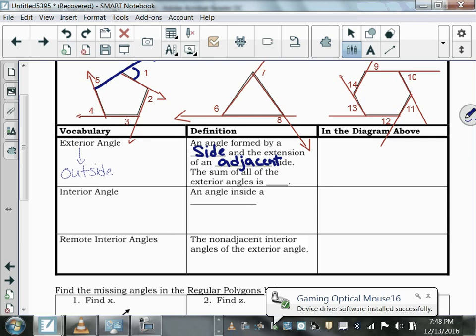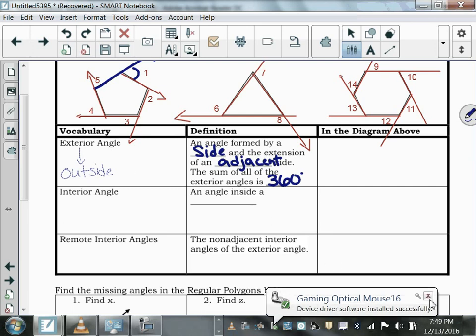What's really important here is that the sum of all of these exterior angles is 360 degrees. That's going to hold for every single picture that you're going to have, okay? It doesn't matter what shape you have, what polygon, nothing. All that matters is that it is 360 degrees.